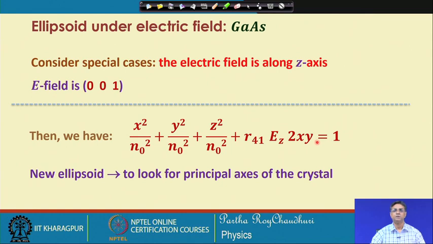So, that means the rotation about z will be 45 degree, so that it is identical in x and y.